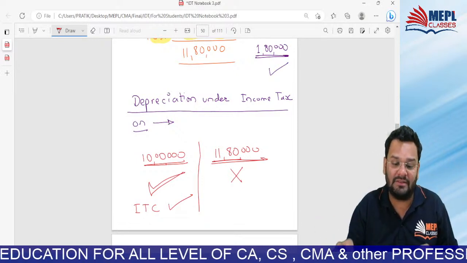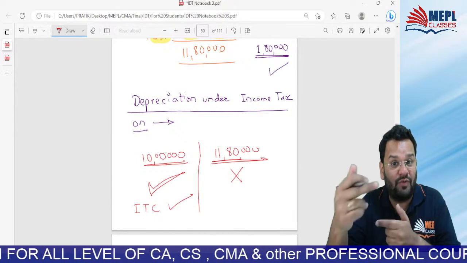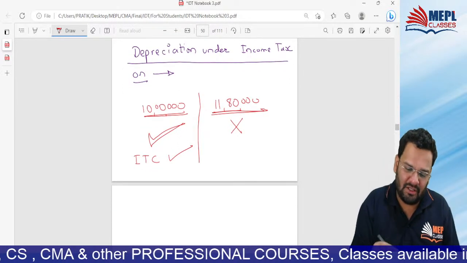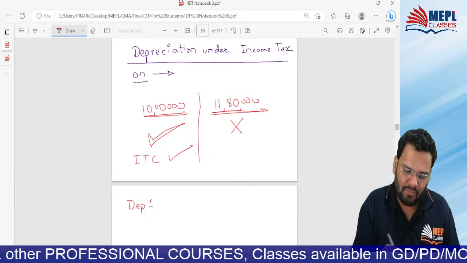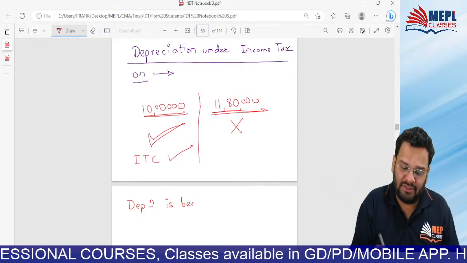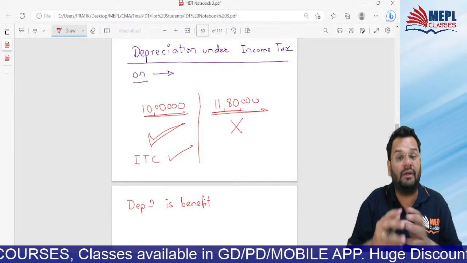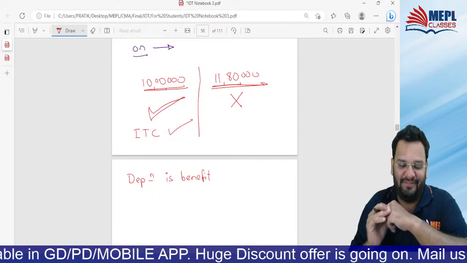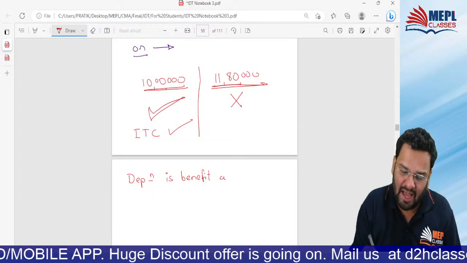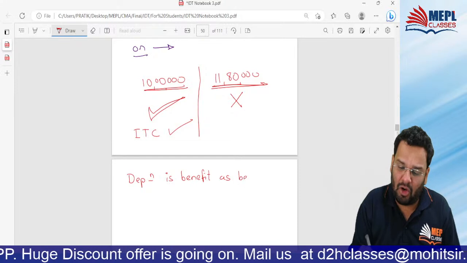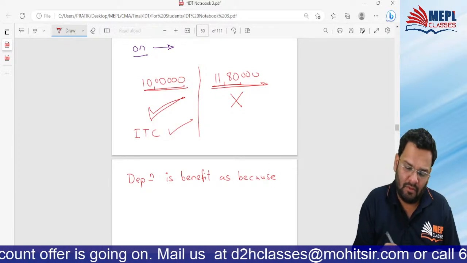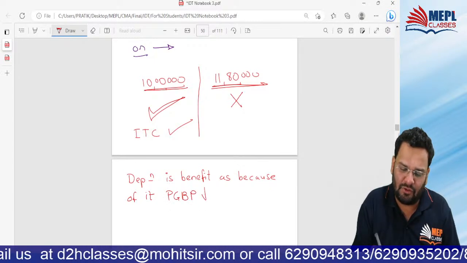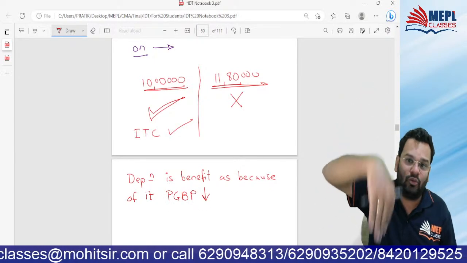In short, guys, depreciation is a benefit. Yes or no? Yes, depreciation is a benefit. Why is it a benefit? Because of depreciation, PGBP, that is profits and gains from business or profession, goes down.